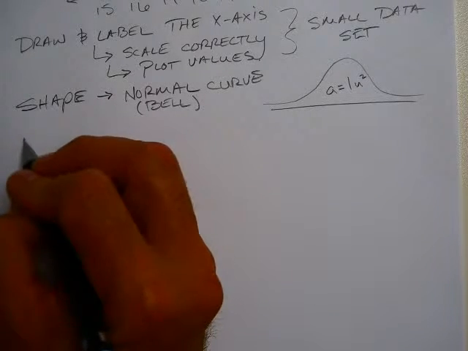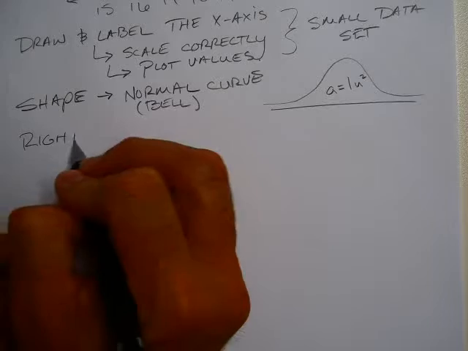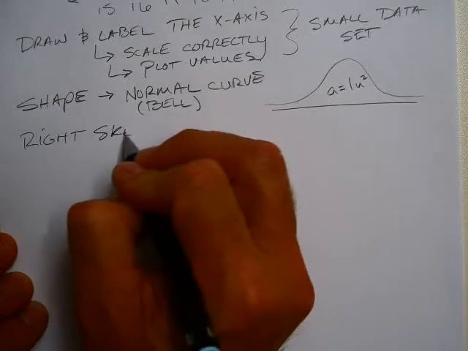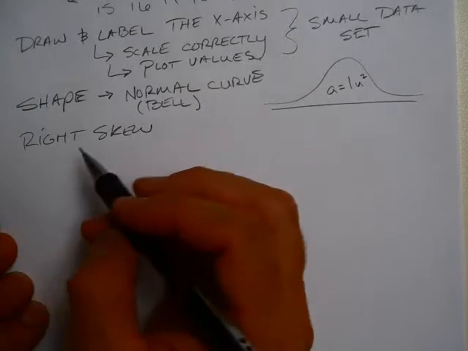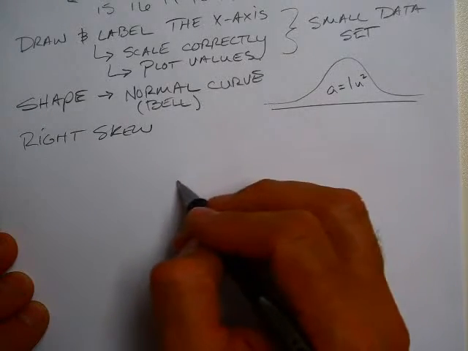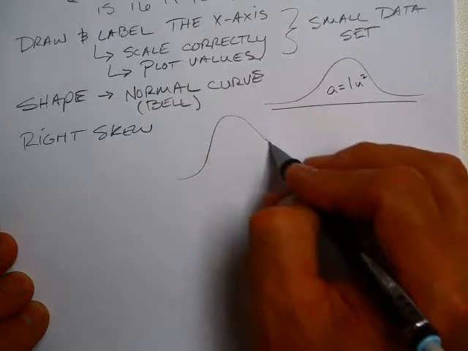Then we have skew. Let's talk about right skew. Right skew has a long tail to the right. It would look kind of like this.